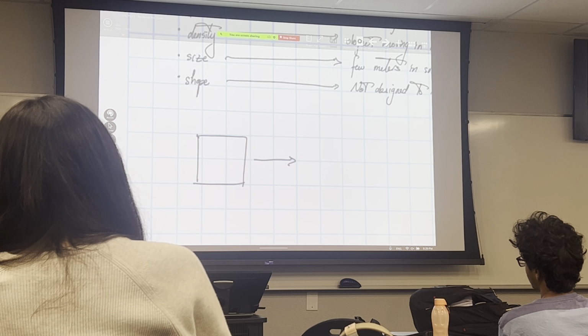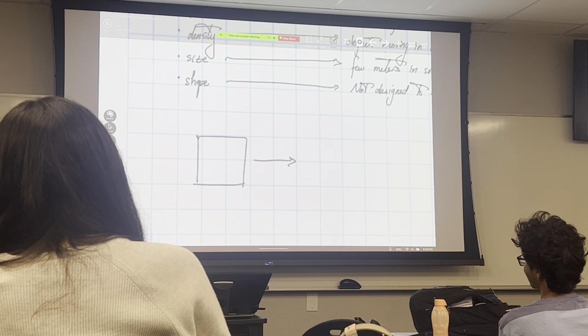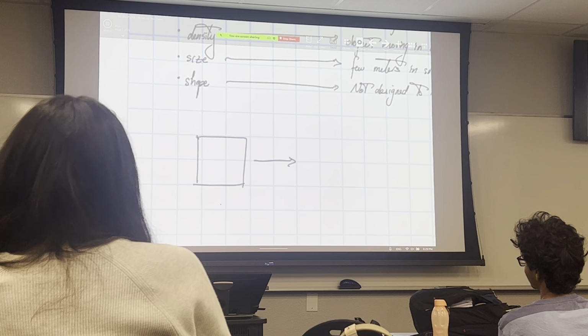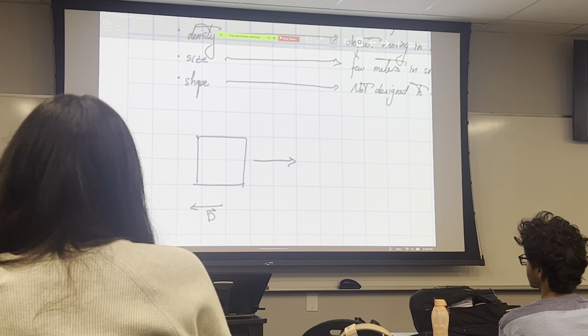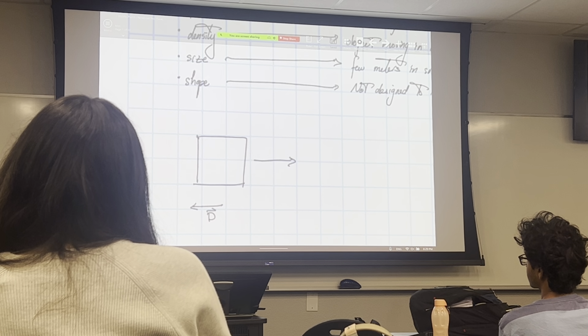Drag is making it go that way, right? Why? Pushing against something. What is that something? The air. Yes, as the object is moving, the air particles are colliding this way, right?